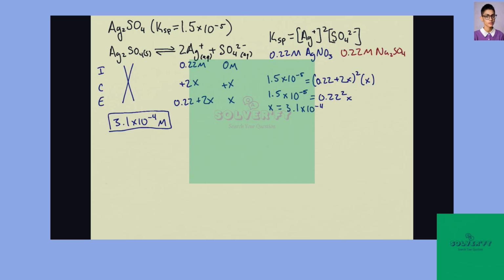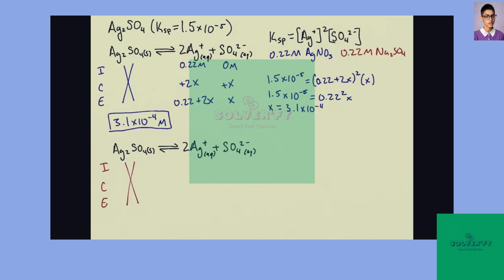Now for a solution of Na2SO4, we can do a similar thing where we start with an ice table. Again, we can ignore Ag2SO4 since it's a solid.